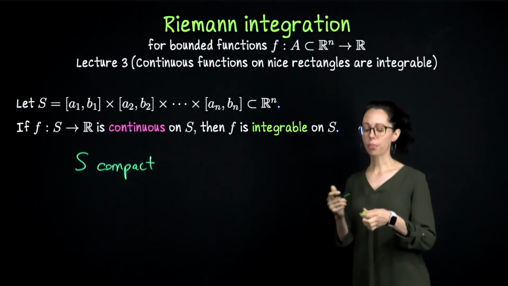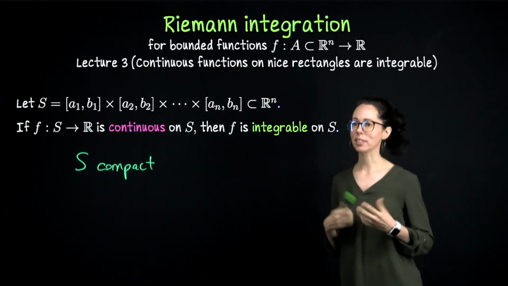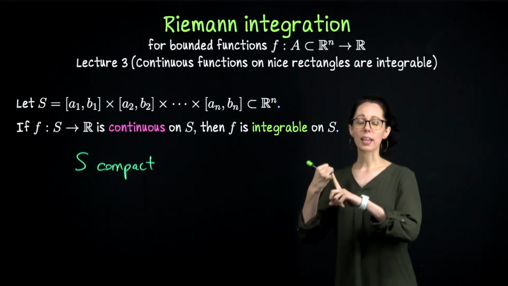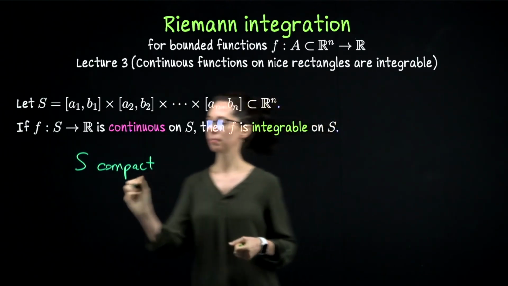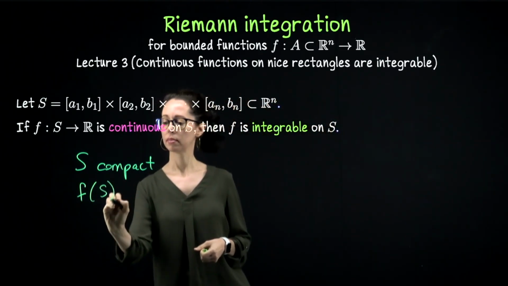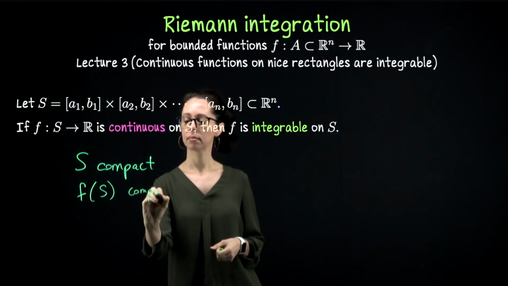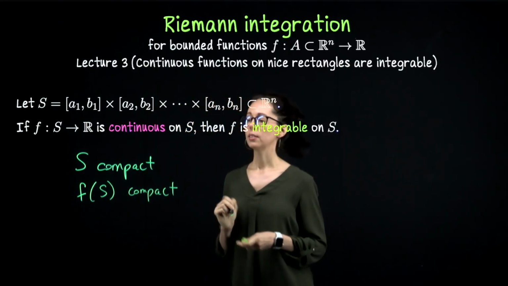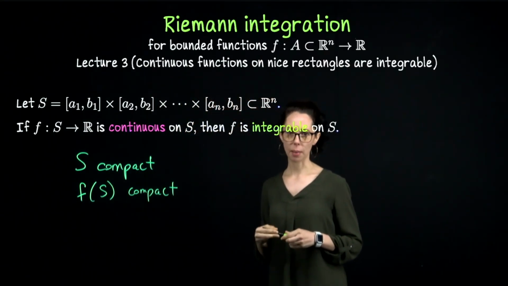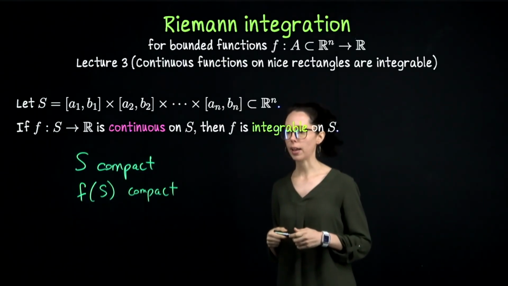You can say three things about such a function, a scalar-valued function. One is that f(S) is compact. Maybe I'll write it down. So f(S) would be a compact subset of R because f is scalar-valued.